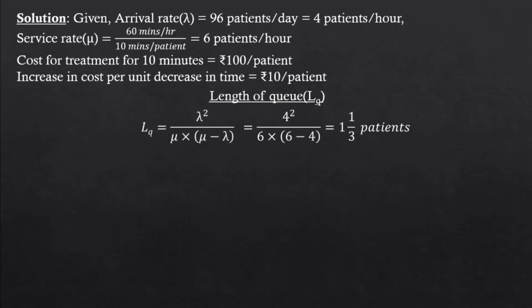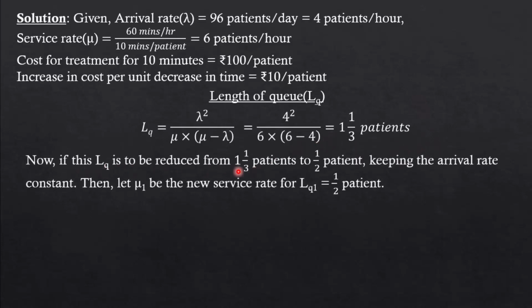Now, if we reduce this length of queue from 1 by 3 to 1 by 2 patients, keeping the arrival rate constant. We know that the arrival of patients is independent of what the clinic chooses to do. That means the clinic has no choice of changing the arrival rate here. They can only alter the service rate, which is mu.